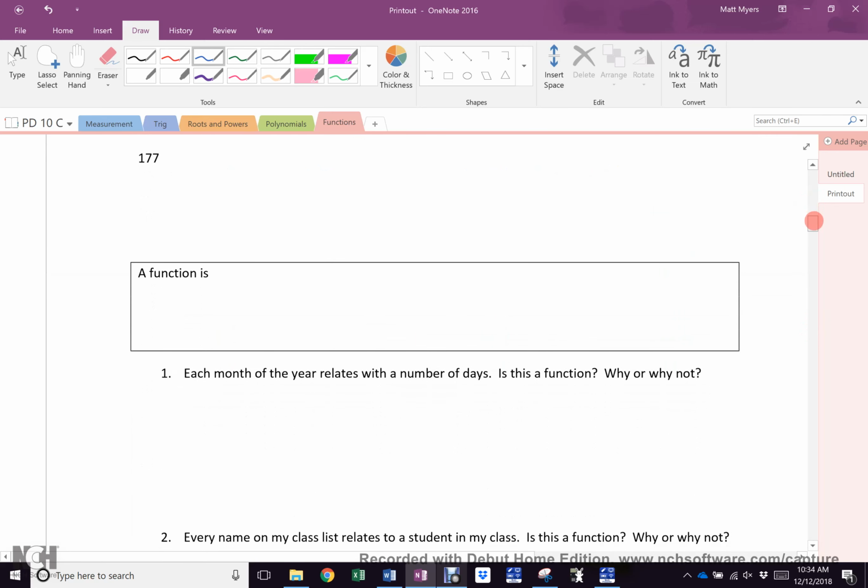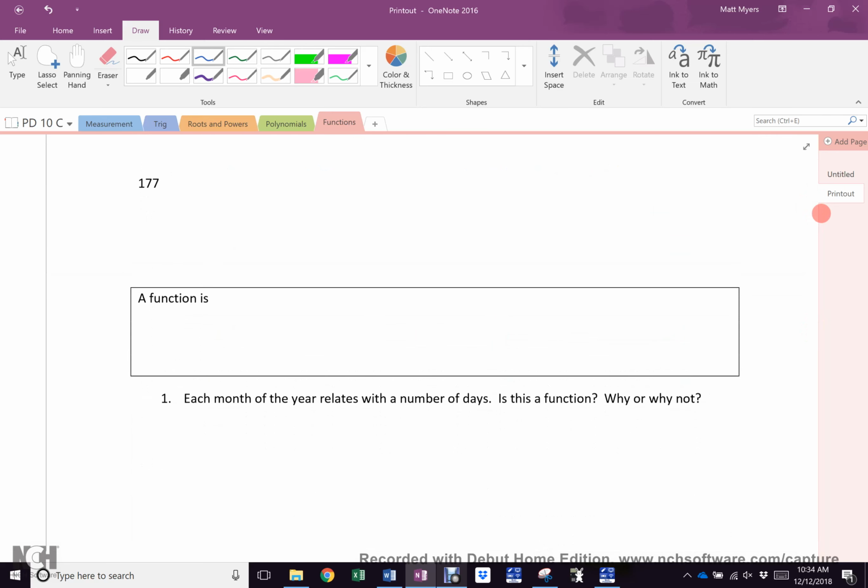Turn the page over, and we see the word function. Highlight that because it's a new word.